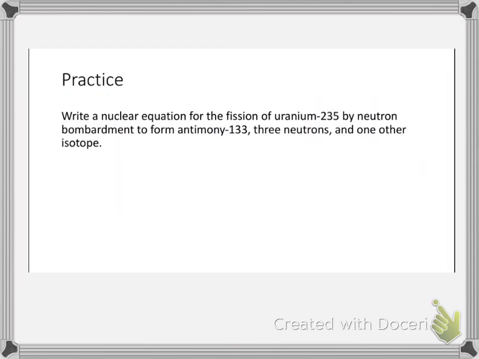So this is our question. We're going to try to write a fission reaction. It says, write the nuclear reaction for the fission of uranium-235 by a neutron bombardment. So uranium is U-235. I have a periodic table in the slide.